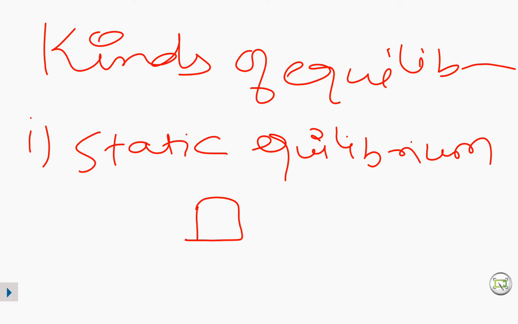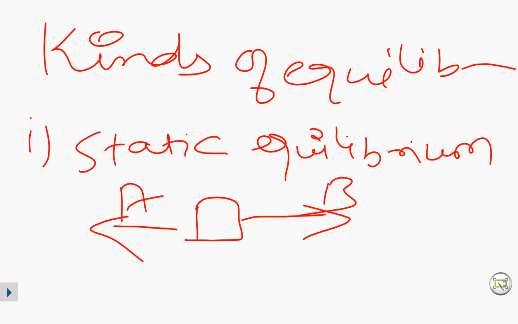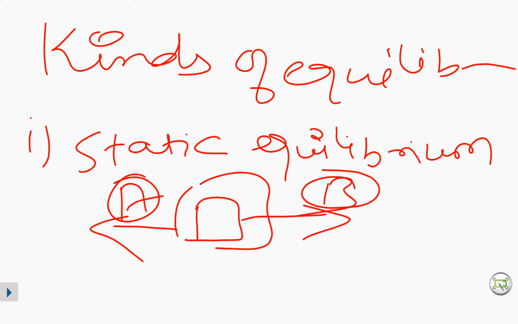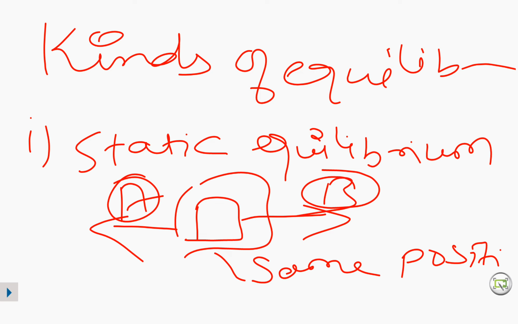Suppose this is an object. One is pulling this way and the other is pushing this side. Even though force is applied by person A and person B, the object remains at the same position. Then it is said to be in static equilibrium.